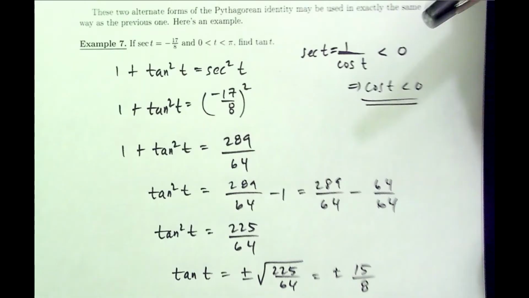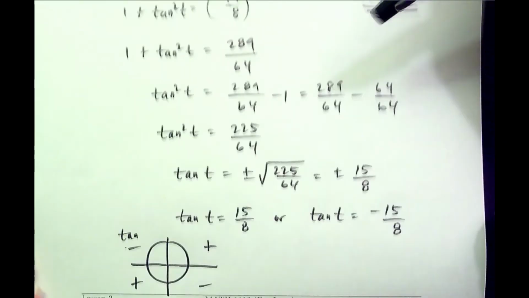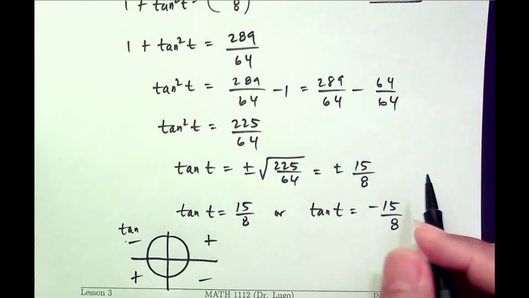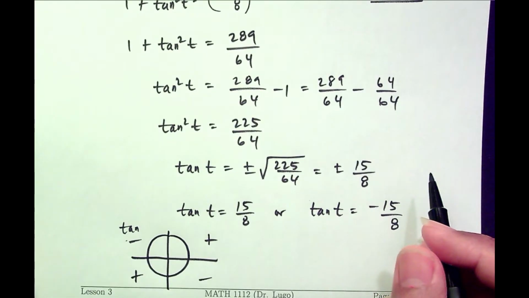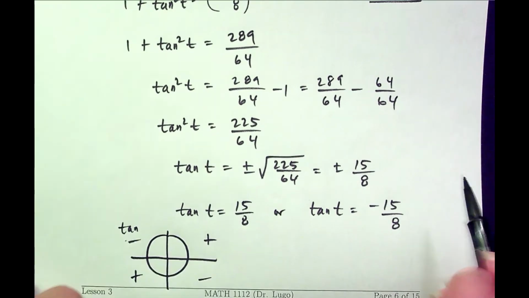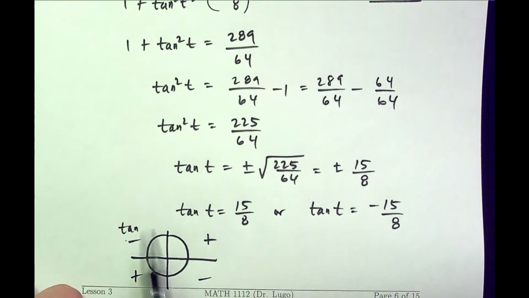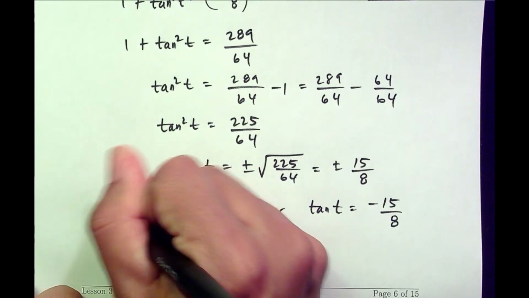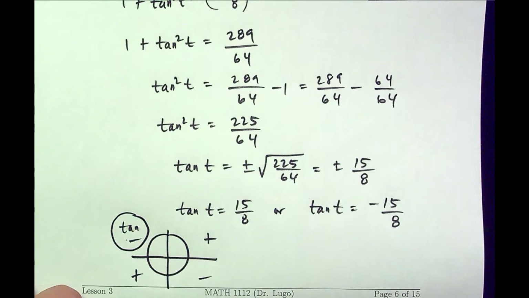So now when I have a little bit more information, I know that the cosine is negative. The cosine is the x-coordinate. So now I know two things. The angle is either quadrant 1 or 2, but also the x-coordinate is negative. With that, I can definitely conclude that it has to be this quadrant.